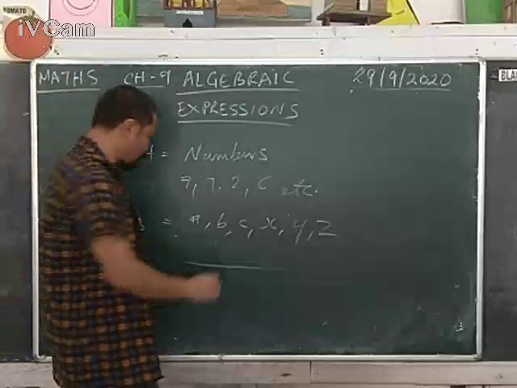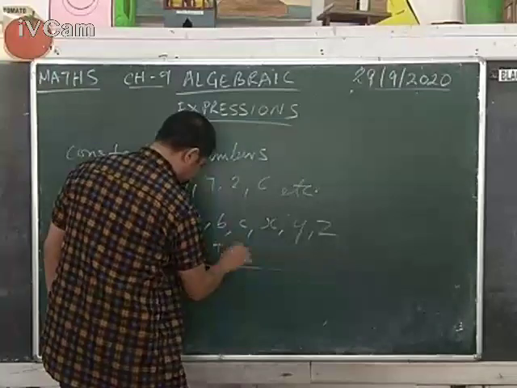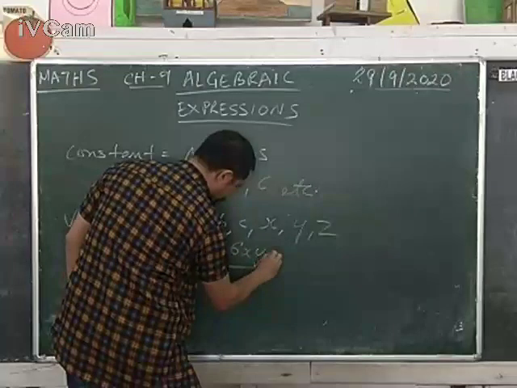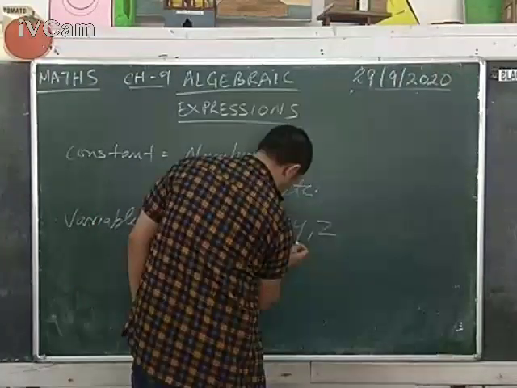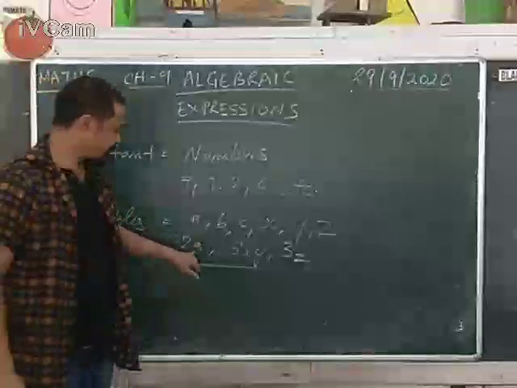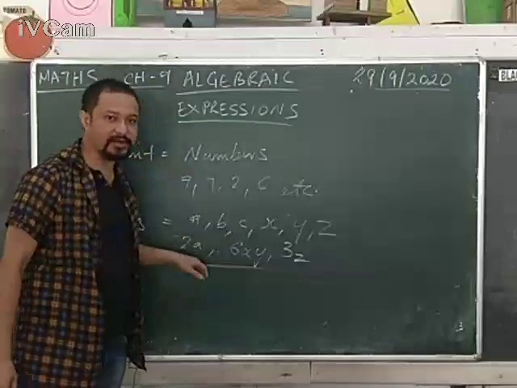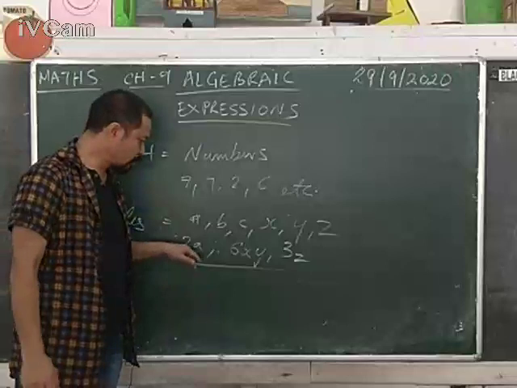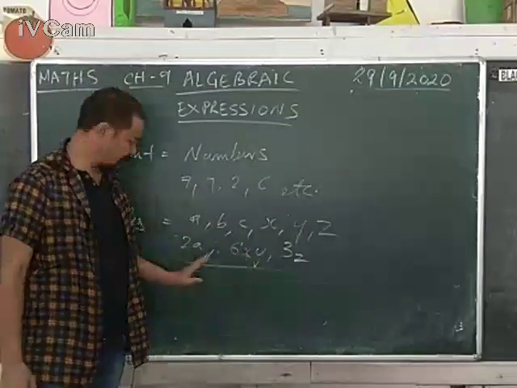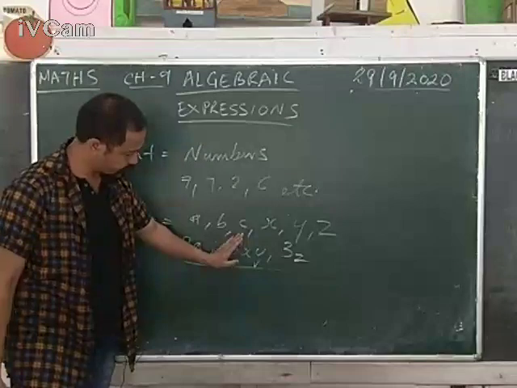But sometimes a combination of a constant and a variable, or number and a variable, is also a variable, because this is 2 of A, 6 of XY. It's just saying how many. If you just put A, that means 1A. If you just put XY, it's 1XY.